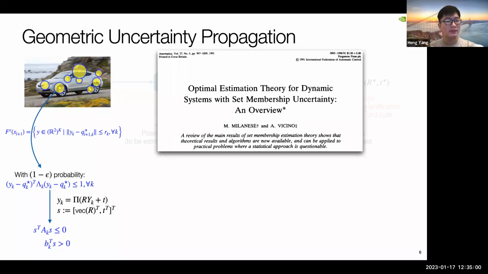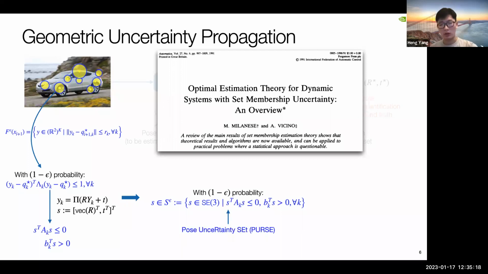So basically what we are saying here is that one single key point will give us one quadratic inequality and one linear inequality. And then if we concatenate all these k different key points, we will be able to get something like what we call a purse here.